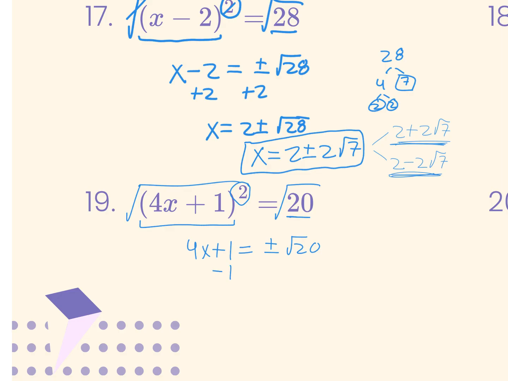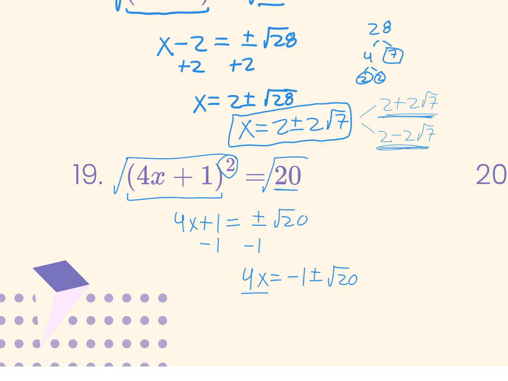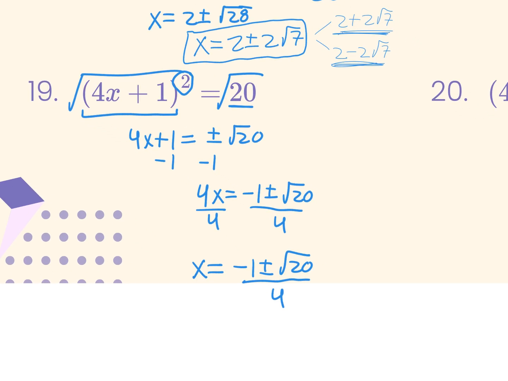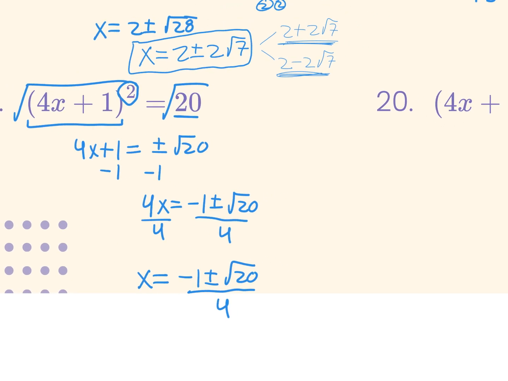I would then need to subtract 1 on both sides, and so I would get 4x equals negative 1 plus or minus the square root of 20, and then divide both sides by 4. And so I get x equals negative 1 plus or minus the square root of 20 over 4.